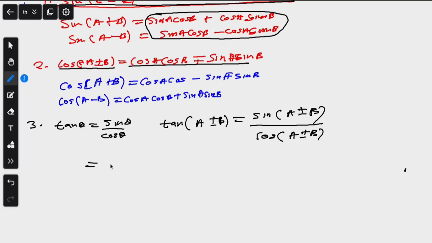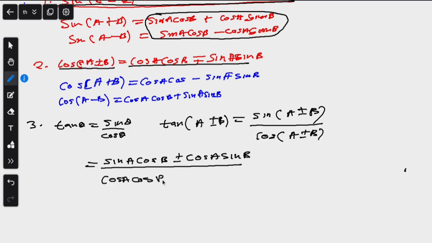Sine of a plus or minus b is sine a cos b plus or minus cos a sine b, over cos, which is cos a cos b, then here it is minus or plus, sine a sine b. So that is how you're supposed to do this one.